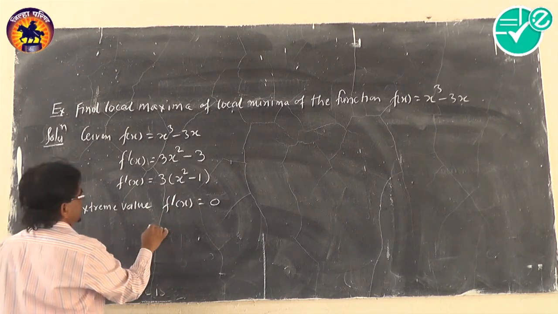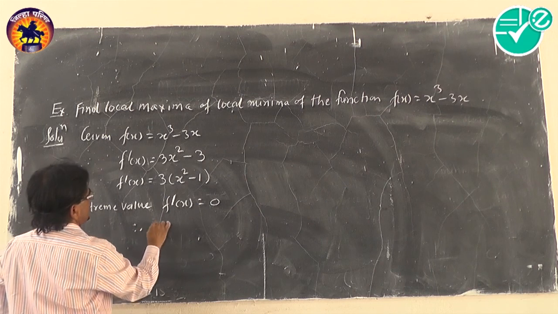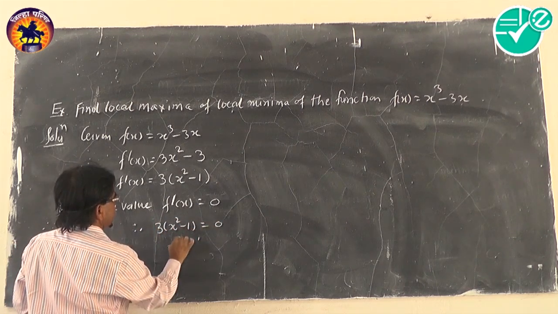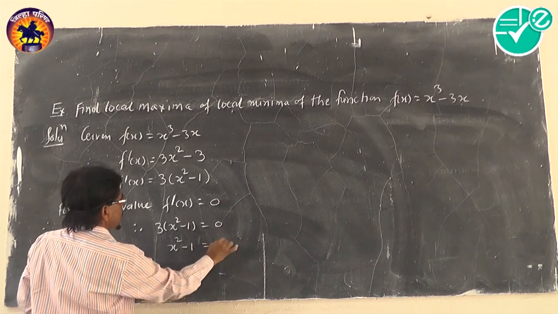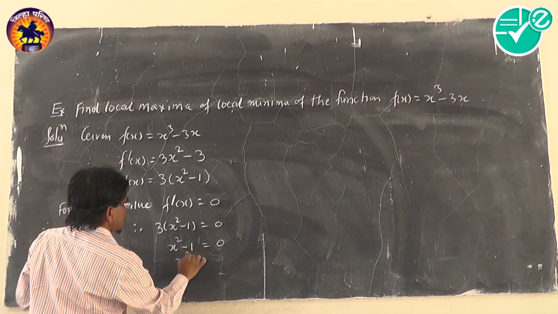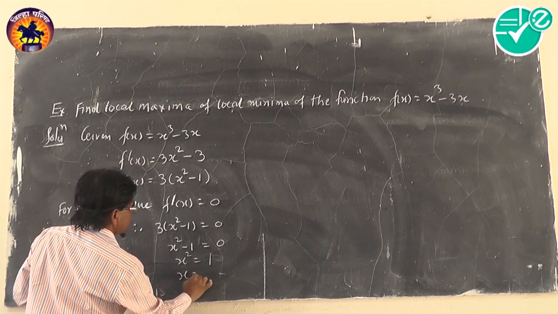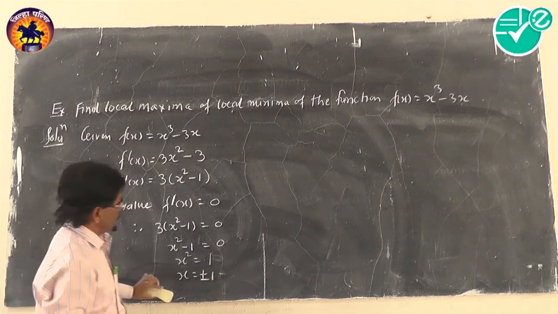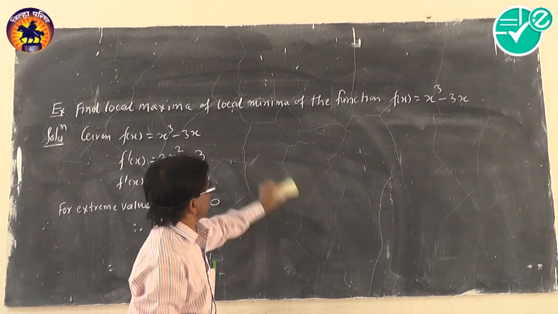Therefore we can write 3 into x square minus 1 is equal to 0. Therefore x square minus 1 is equal to 0. X square is equal to 1. That is x is equal to plus or minus 1. There we get 2 points, x is equal to 1 and x is equal to minus 1.